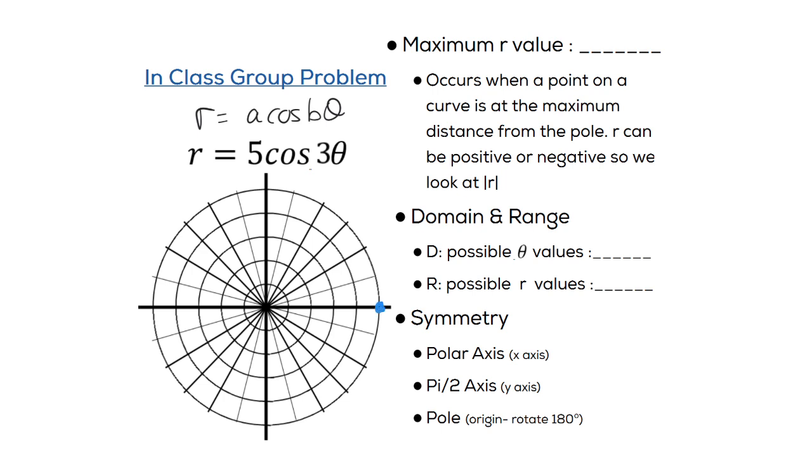And it started here. I can't really graph it as well as if we had plotted points, but I'm going to catch some key points here and see if I can't get it to look like I want it to. Okay, I'm going to go with this.